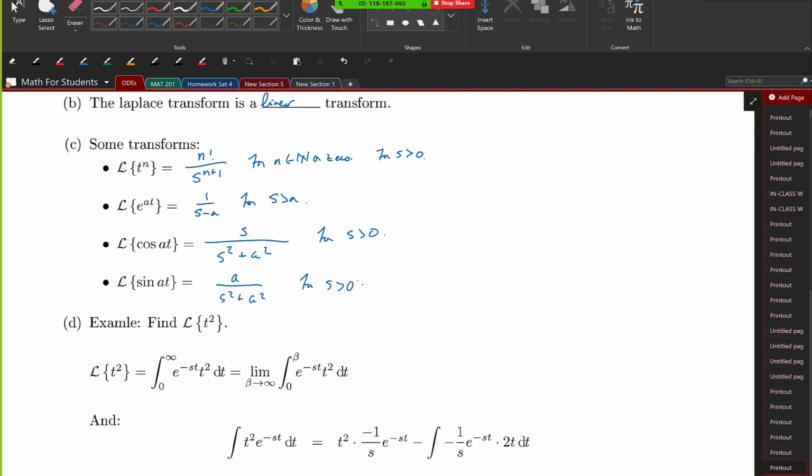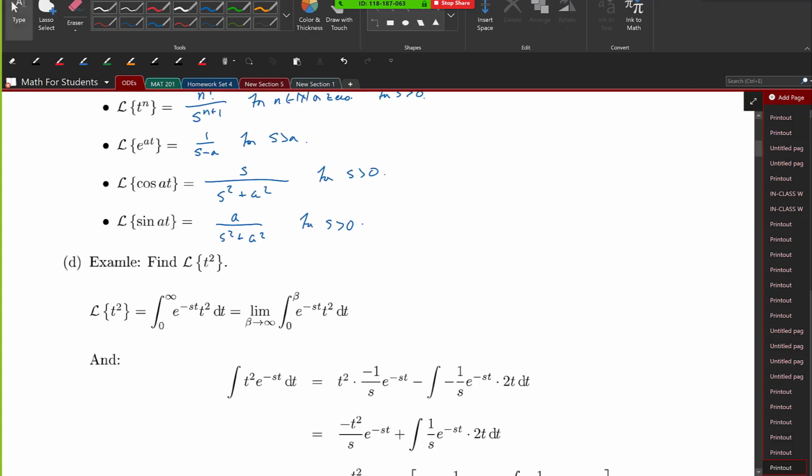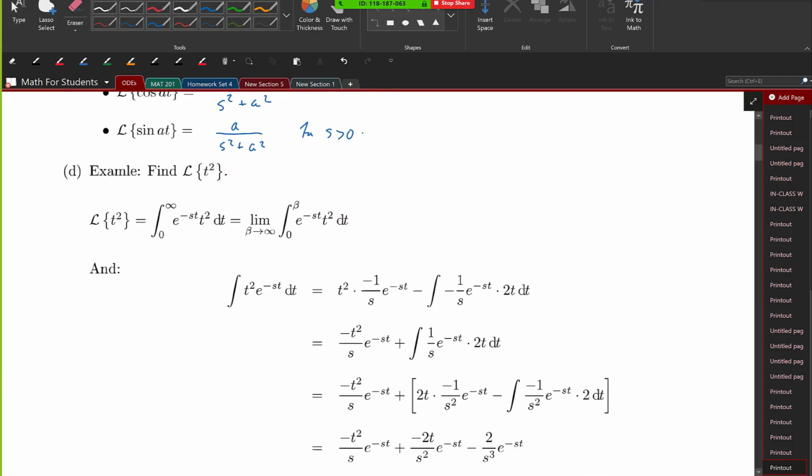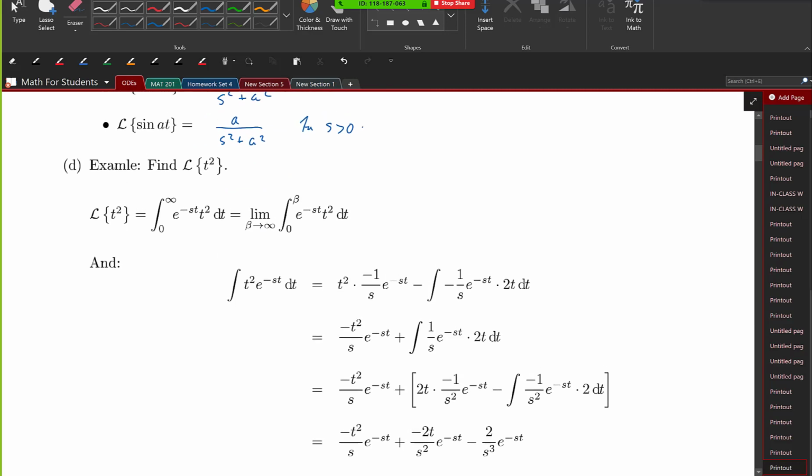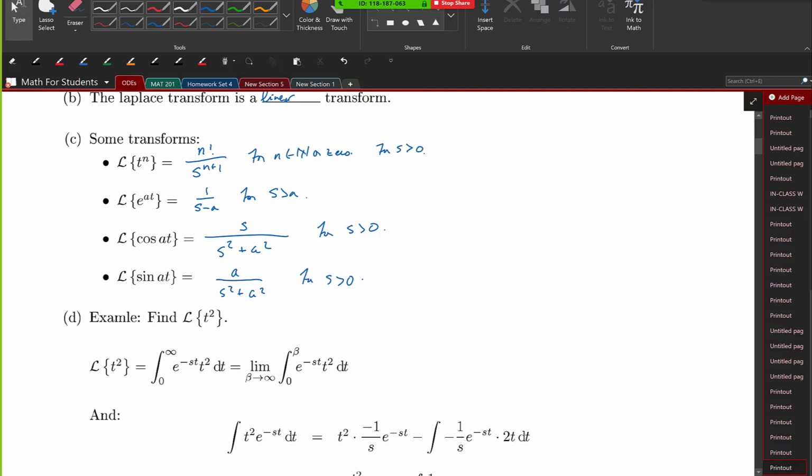I did put one challenging Laplace one on your exam review that involves the integration by parts twice trick. But you should be aware of where these Laplace transforms come from, and you should be able to prove a number of them, certainly if this were a 1 here, or maybe even a 2 there, or for anything e to the at, or any constant, you should be able to prove those Laplace transforms using the definition.